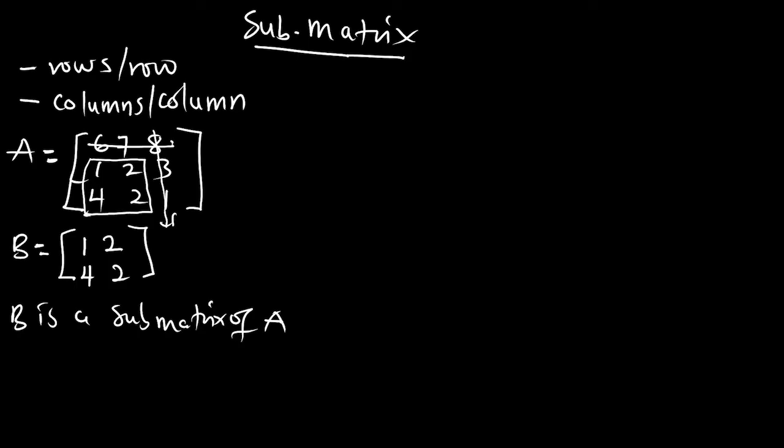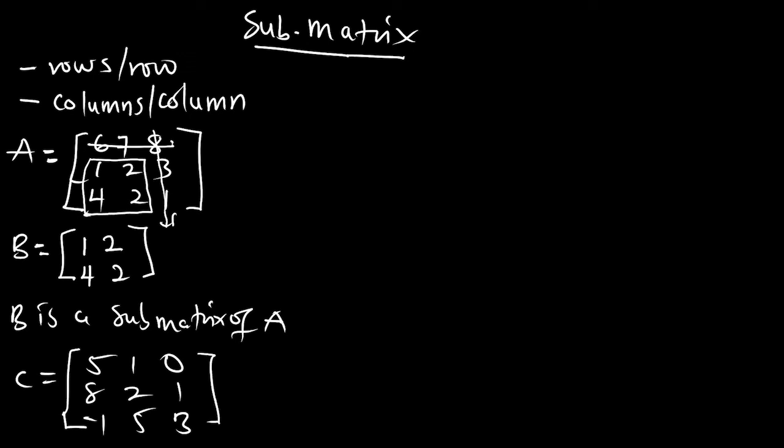Very good. Example 2, let's say a matrix C is of the form 5, 1, 0, 8, 2, 1, negative 1, 5, 3. Then we have a matrix D as 1, 0, 2, 1.